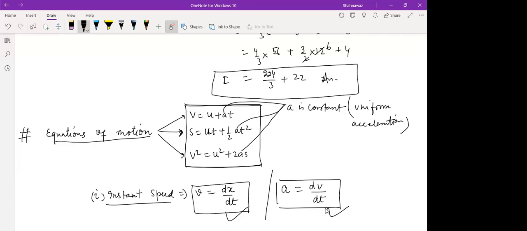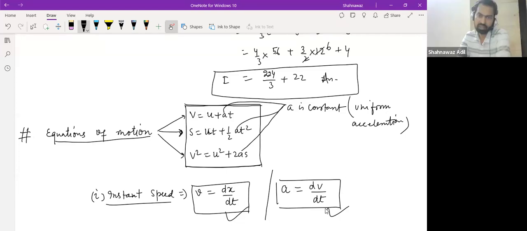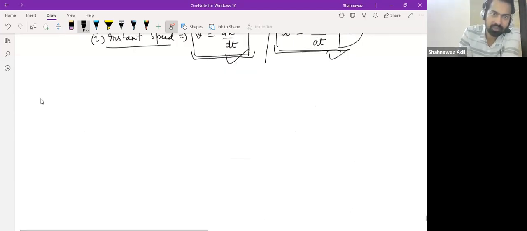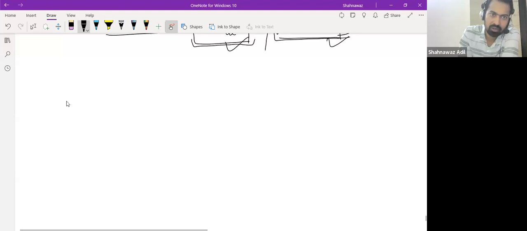Yes, sir. Now, using these equations, using this one and this one, we want to reach here. So first let us use this one. We know that acceleration is dv by dt.